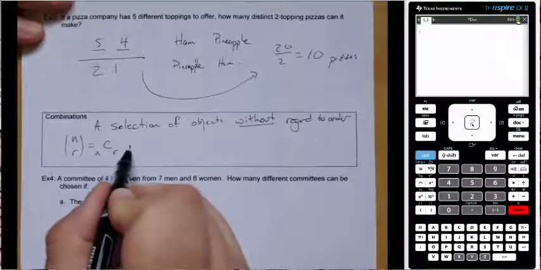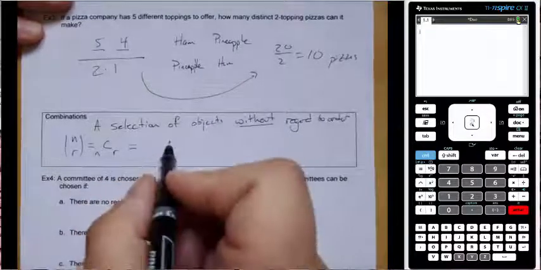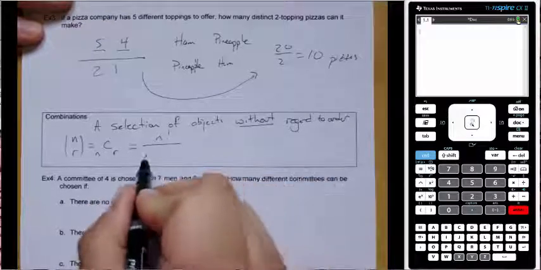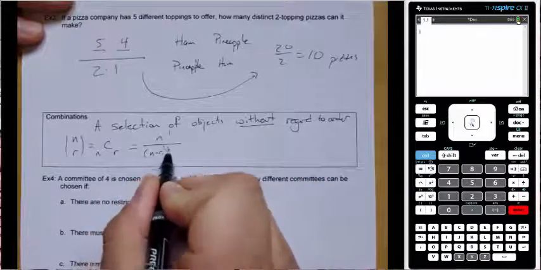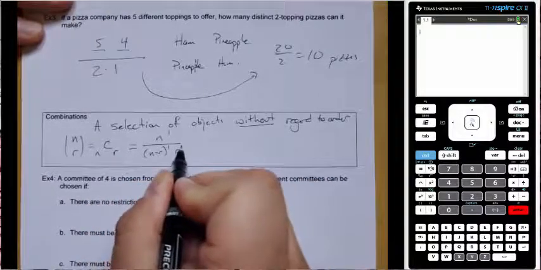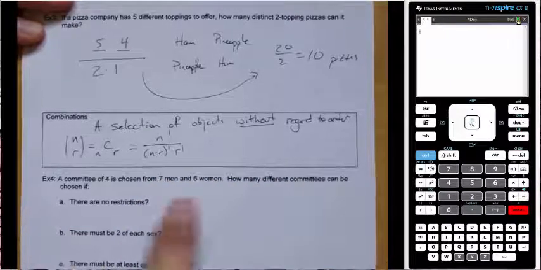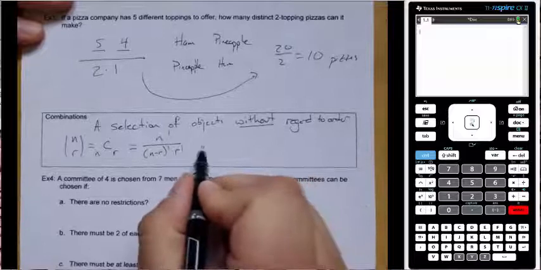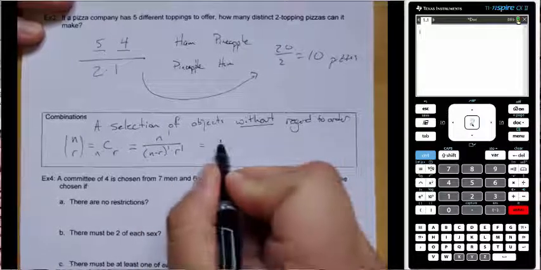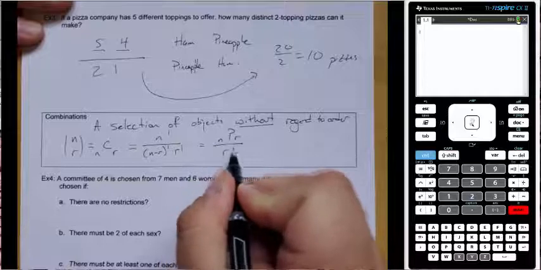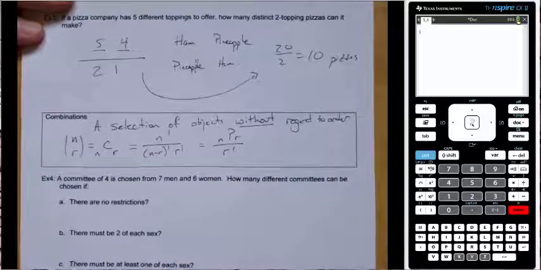Using factorial notation, that's n factorial over n minus r factorial times an additional r factorial in the denominator. You might note that this is also the same as the number of permutations divided by r factorial. A bunch of different ways to write the same thing.